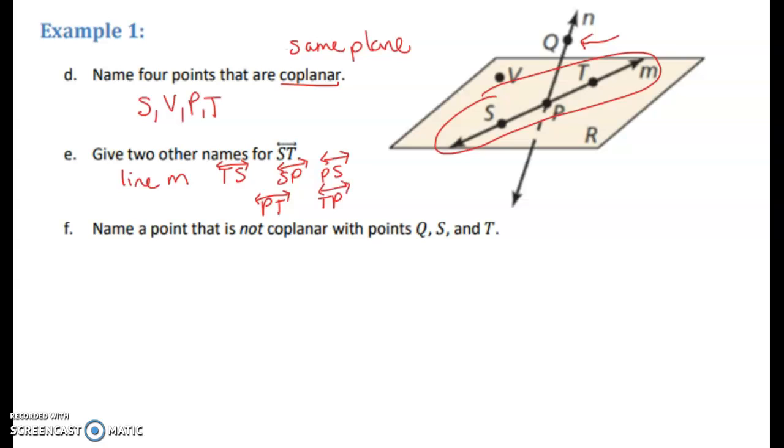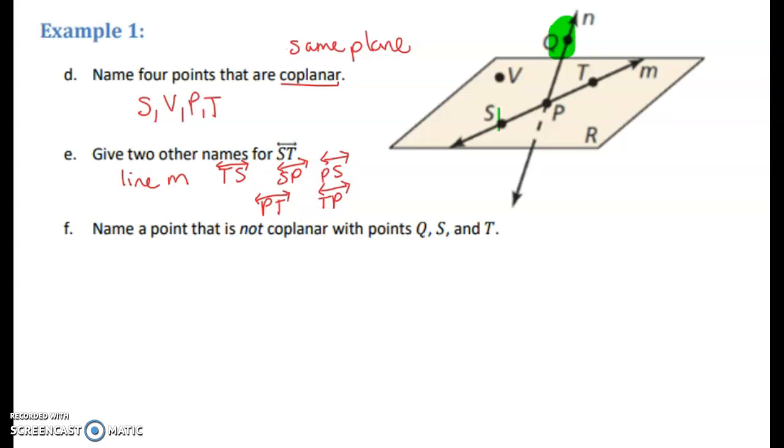So last but not least, name a point that is not coplanar with points Q, S, and T. All right, so Q, S, and T, that's kind of a different question right there. So one thing we can do with Q, S, and T is we can go ahead and just highlight them to kind of look where they're at.